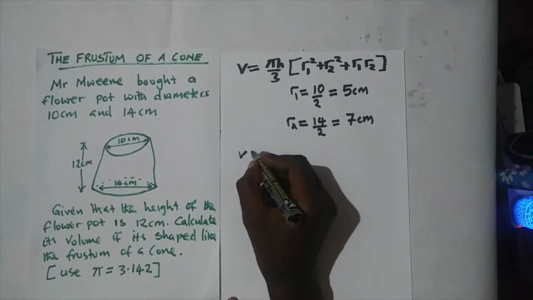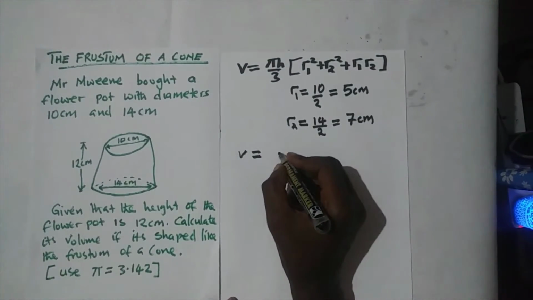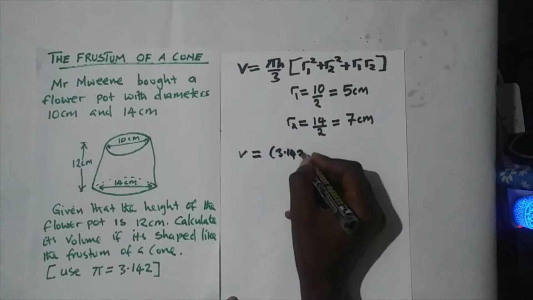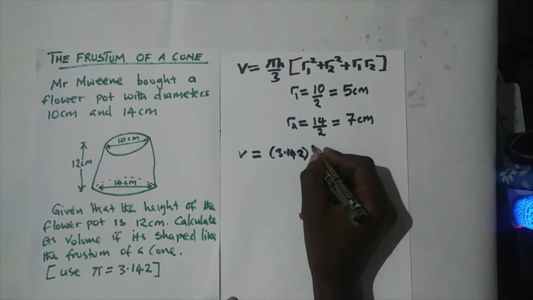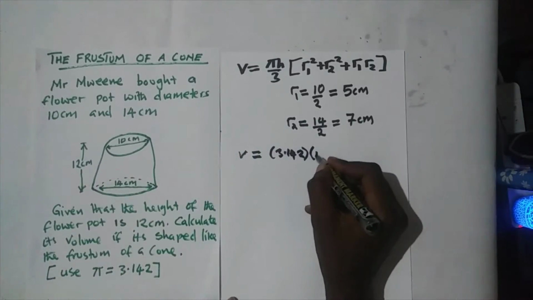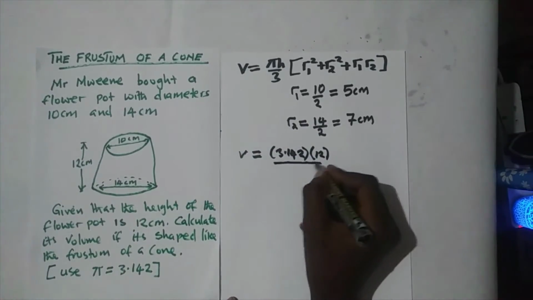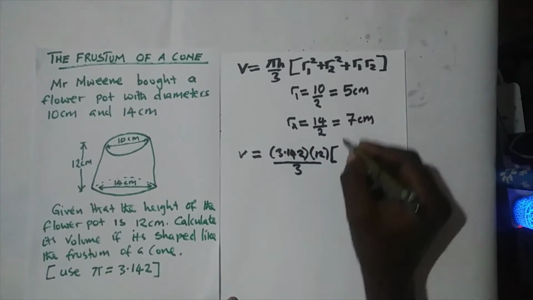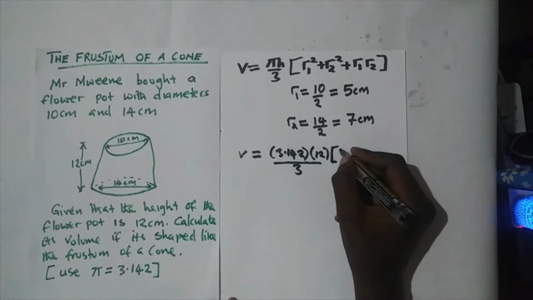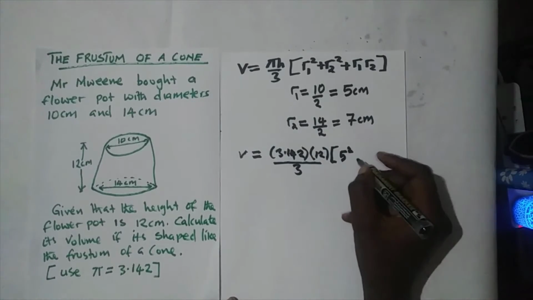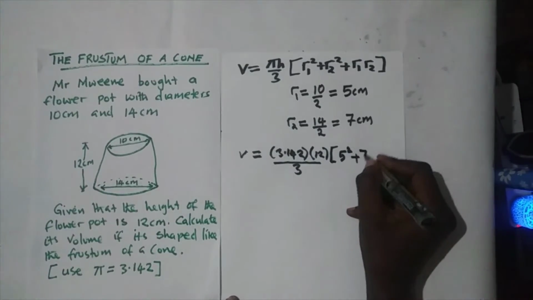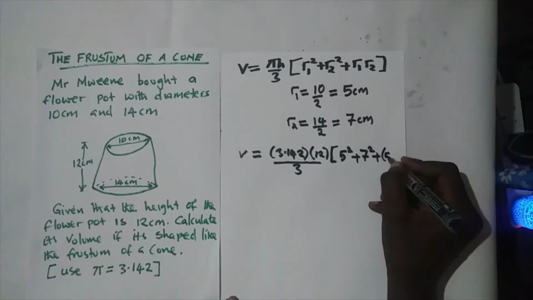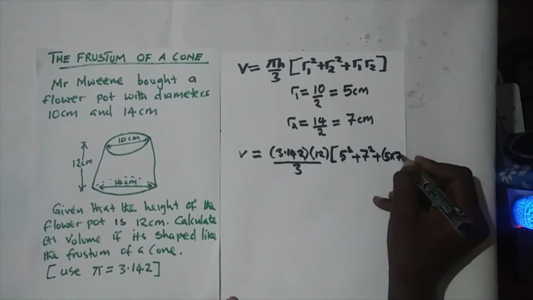So we'll say volume is equal to pi, which is 3.142, times the height, 12, all over 3, and in the brackets we have r1 squared, which is 5 squared, plus 7 squared, plus 5 times 7.